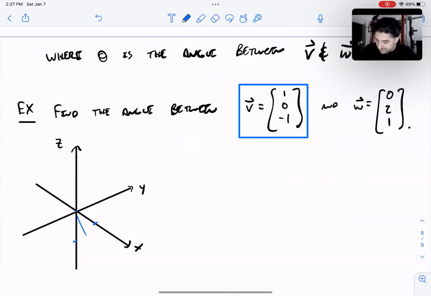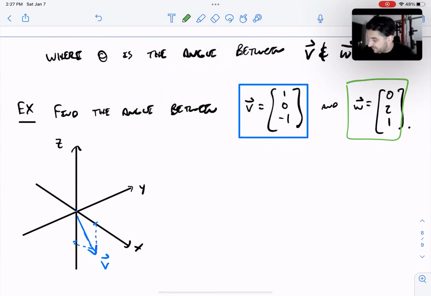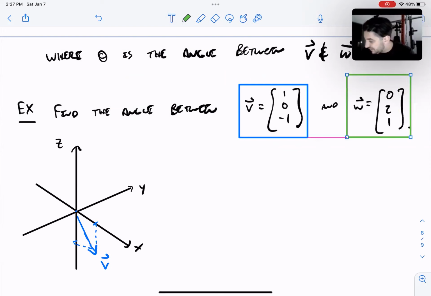So there's vector V down here, down in the xz plane, right? Then let's do green for W. And so here's our vector W, 0 in the x, 2 in the y, and 1 in the z. So there's vector W.